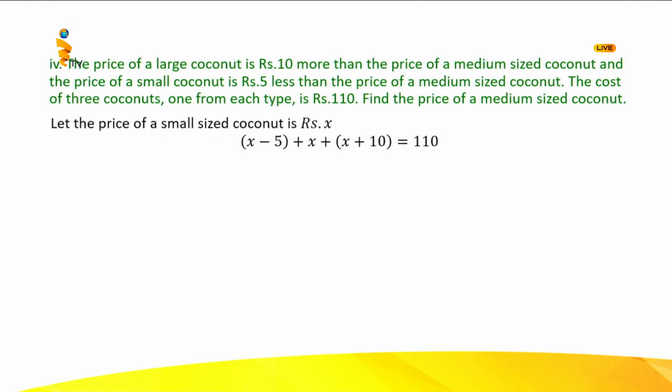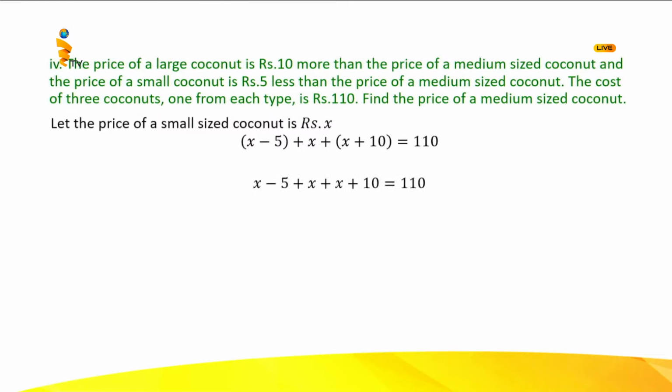Then they tell the price of a small coconut is 5 rupees less, that means x minus 5, and the price of a large coconut is 10 rupees more than the medium size, that means x plus 10. So when you buy one from each type, it will be equal to 110. So I have written the equation: x minus 5 plus x plus x plus 10 is equal to 110.